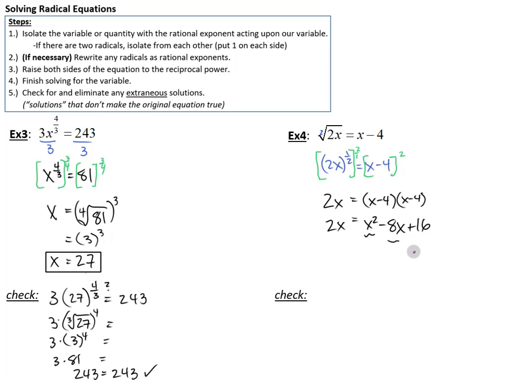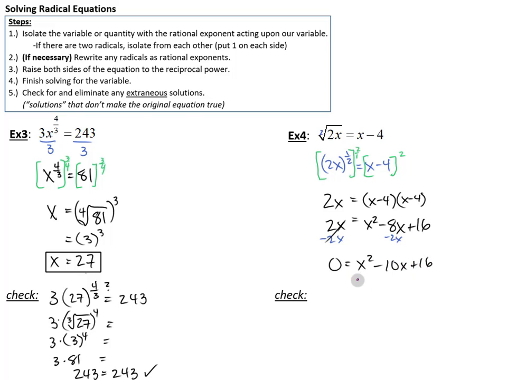We have a quadratic. And so to solve quadratics, remember we want to set it equal to 0, and we usually want to keep our squared term positive. So let's subtract this 2x over. We'll set the left side equal to 0. And we're hoping this is factorable. I mean, worst comes to worst, we could use quadratic formula. But let's see if, minus 10x, if this is factorable.